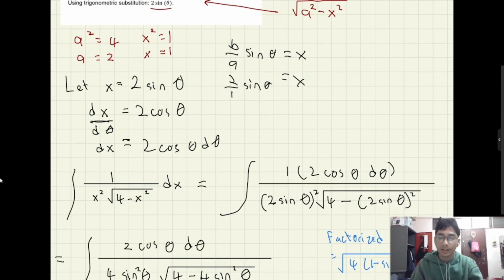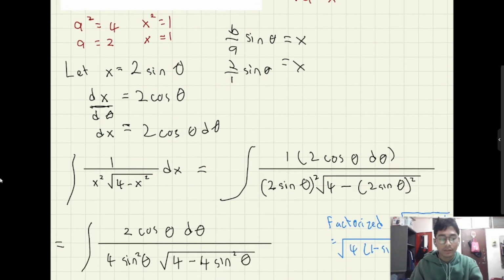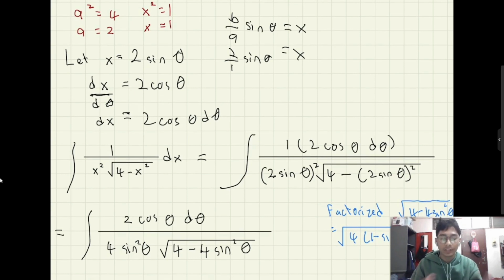So we let x, and then what we have to do is differentiate dx over d theta to get the dx over d theta. Differentiating sin, we get cos. Multiply by the 2, then we get 2 cos theta.